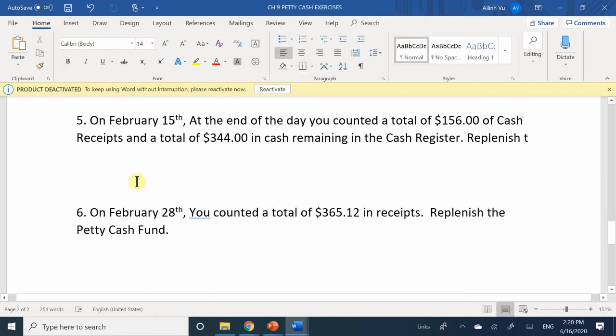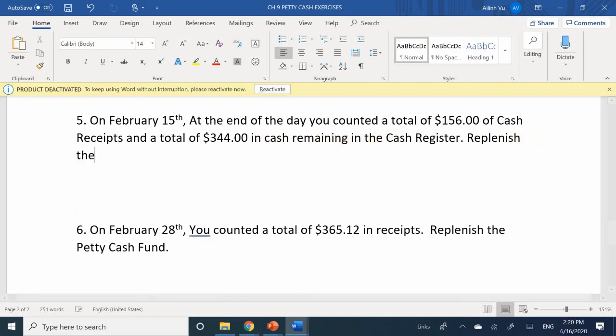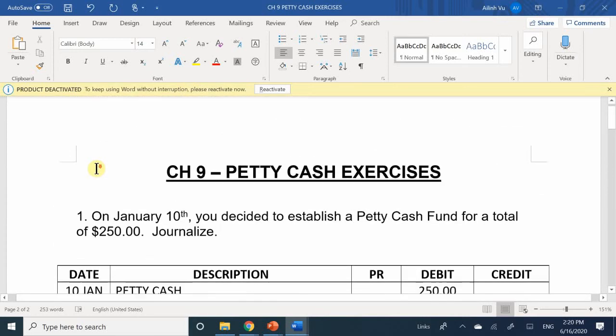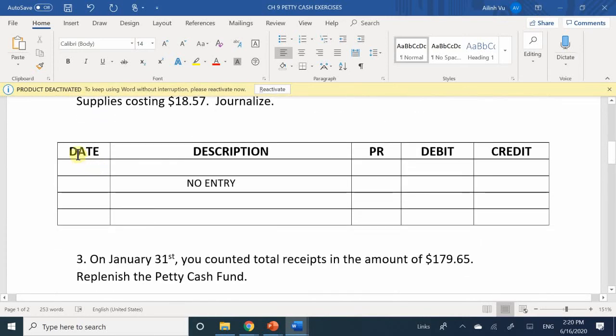Okay, so here it says cash remaining in the cash register, replenish the cash register. I'm going to copy one of these tables up here.